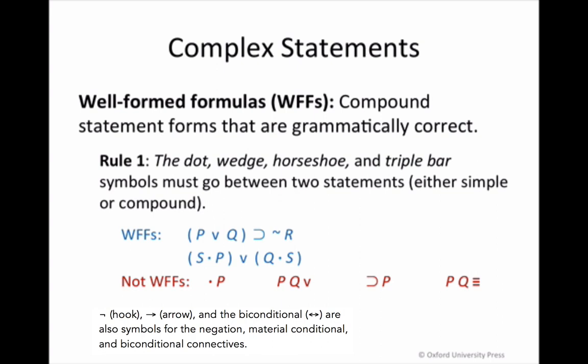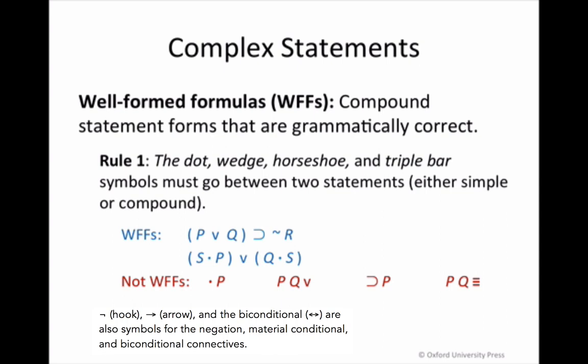So take a look at the following. In blue, you have two well-formed formulas, and in red, formulas that are not well-formed. So let me try to start with the red. What we have is and P, or conjunction P, and that's just meaningless, right? You can't extract meaning from that. You know what a conjunction is all on its own.